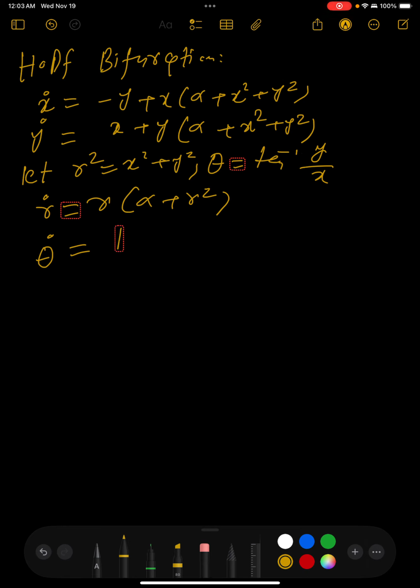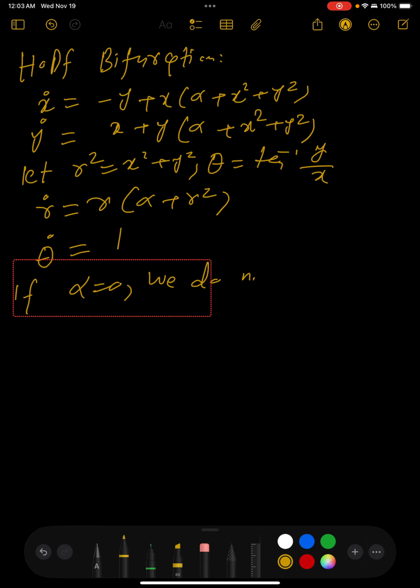Okay, so surely if alpha is actually 0, we do not have a limit cycle.